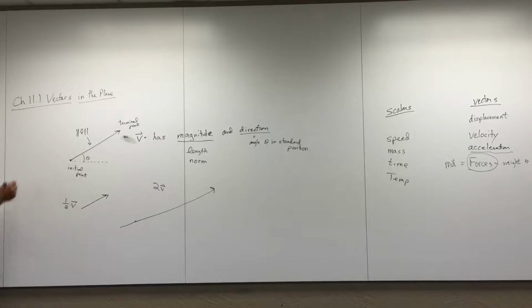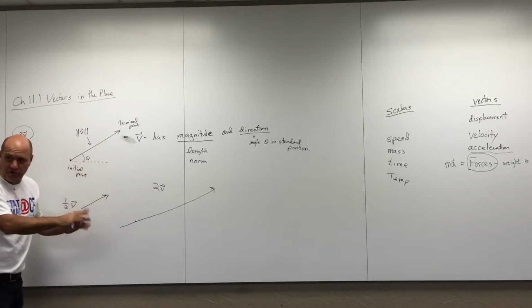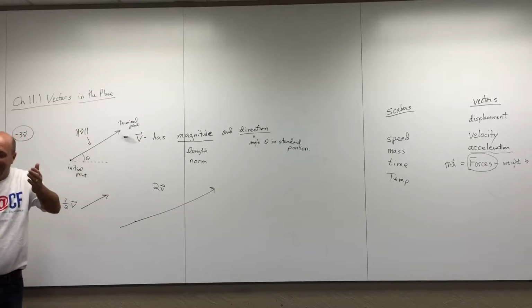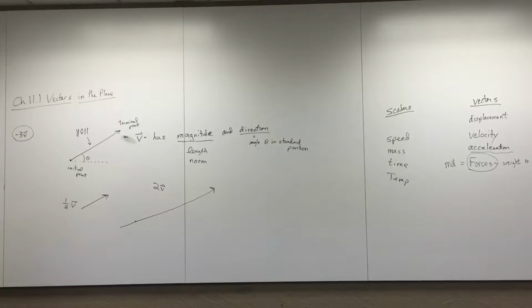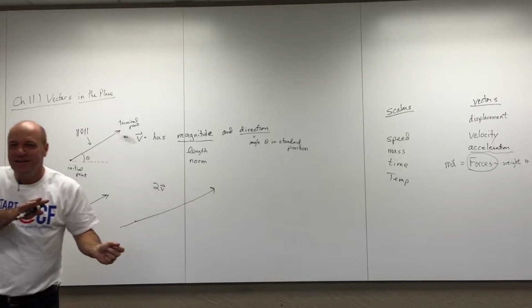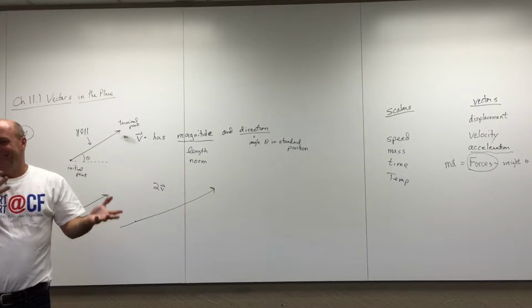What about negative 3v? Any ideas about that one? Would it change the direction? So what did I say? When you multiply a positive scalar times a vector, it doesn't change the direction. When you multiply by a negative scalar, it does change the direction, but it doesn't change the angle. The book uses a word I've never heard before, anti-parallel.